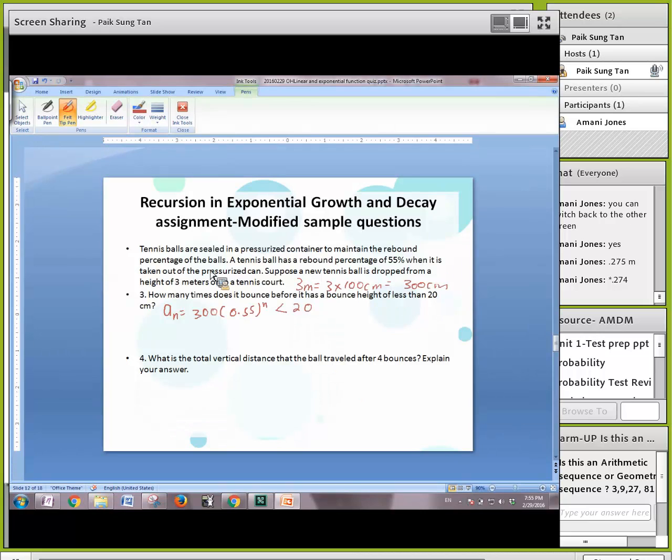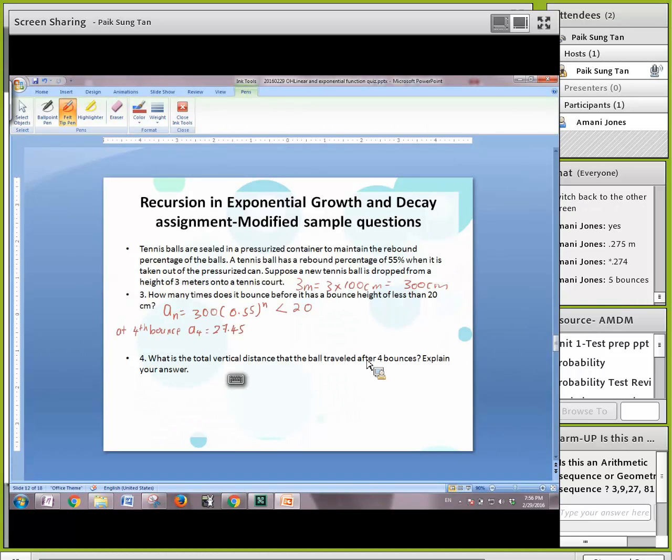Just now at the fourth bounce, it was already at 0.27 something meters, which if you multiply by 100 is 27.45 centimeters. So a sub 4 is 27.45.